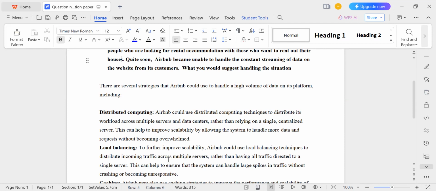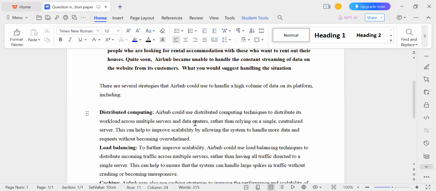So the first strategy is distributed computing. Using a distributed computing technique, Airbnb will distribute its workload across multiple servers and multiple data centers rather than relying on a single centralized server.